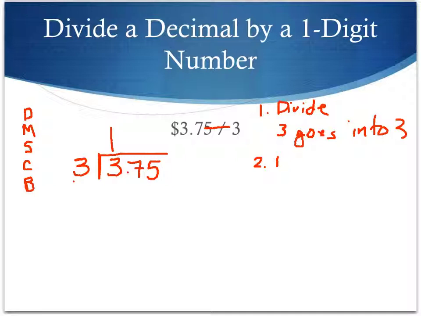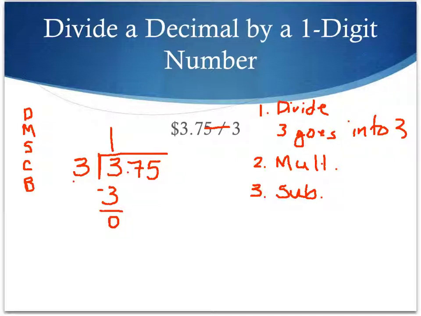Step 2, multiply. 1 times 3 would be 3. So I would put my answer underneath the first 3. 1 times 3 is 3. Third step is going to be subtract. 3 minus 3 is 0. So I'll put a subtraction symbol in there and 0.